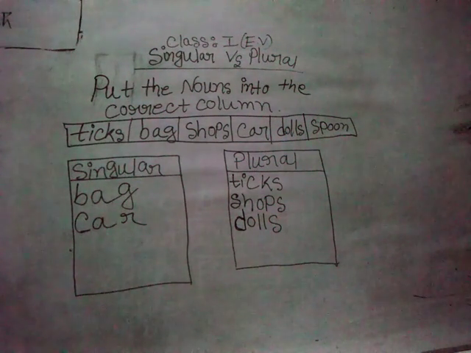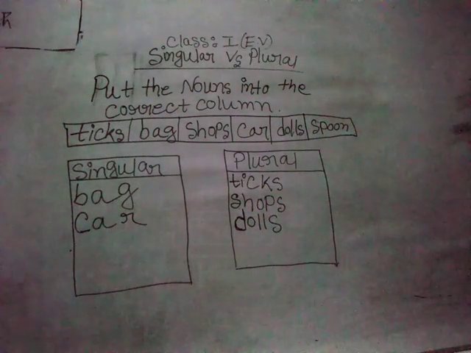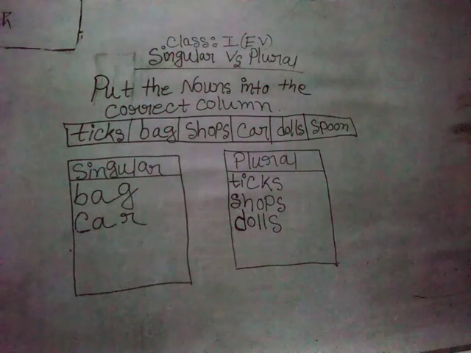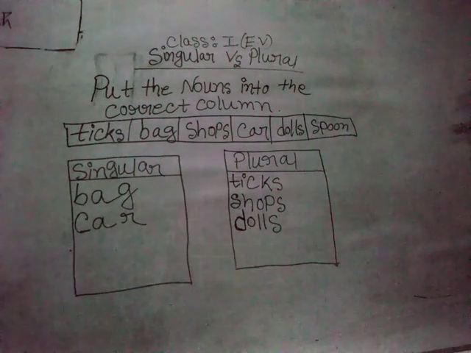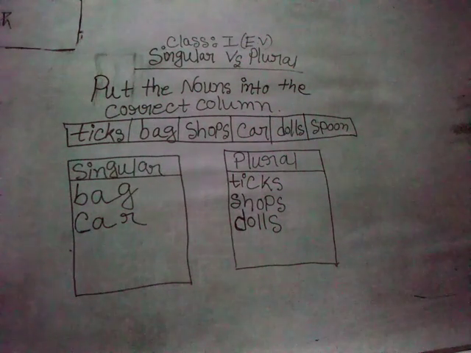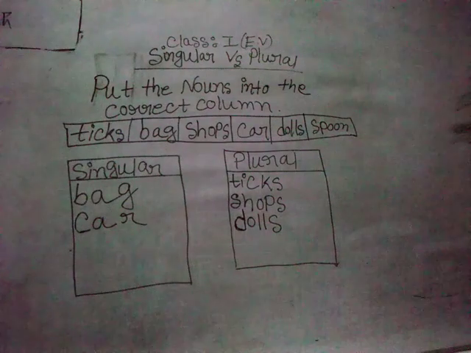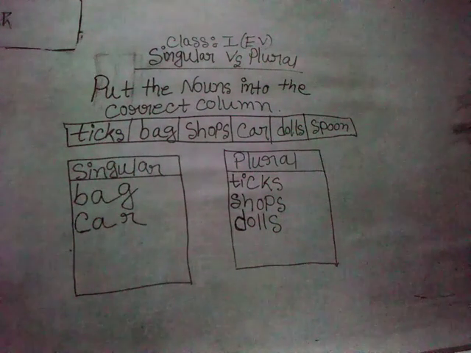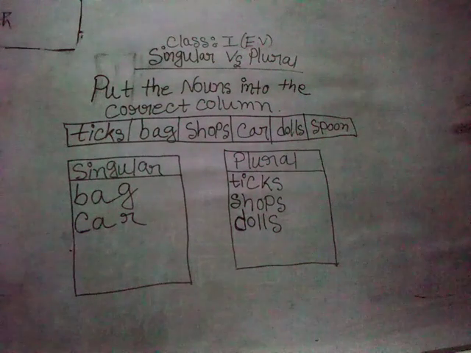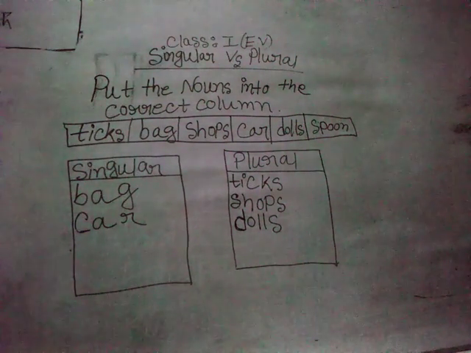So, should I put it into the singular? Yes. Here, spoon means only one spoon. It's not about plural. Should I put it into the plural? No. Why? Because there's no extra S just after the N. At the ending of the noun we can't see any S. So it is just a spoon, S-P-O-O-N.